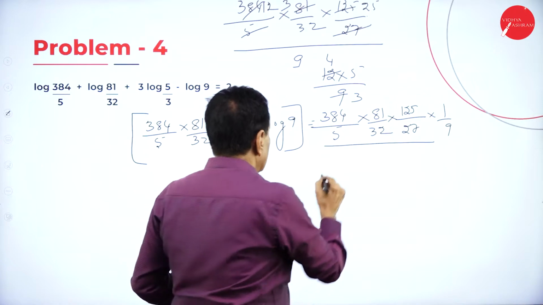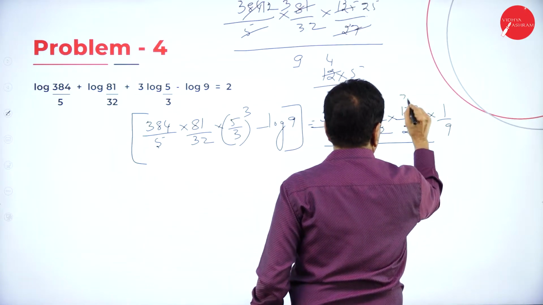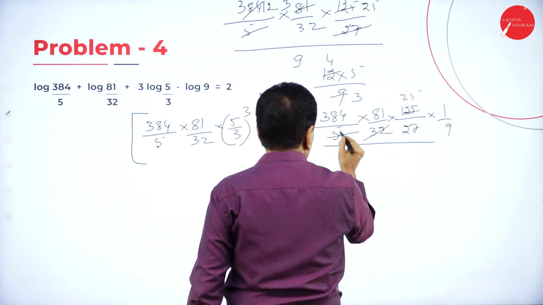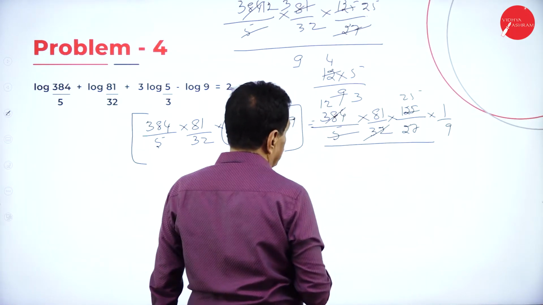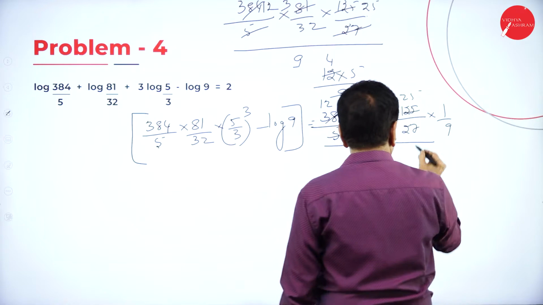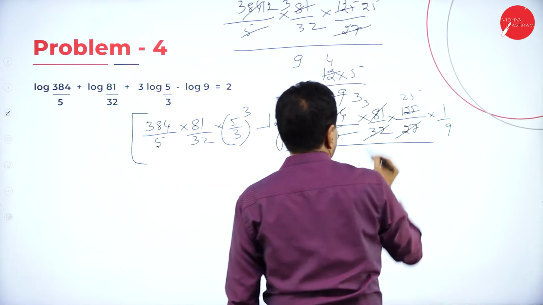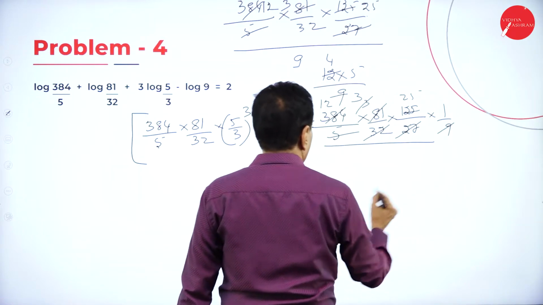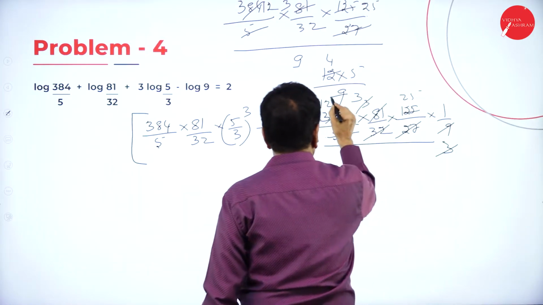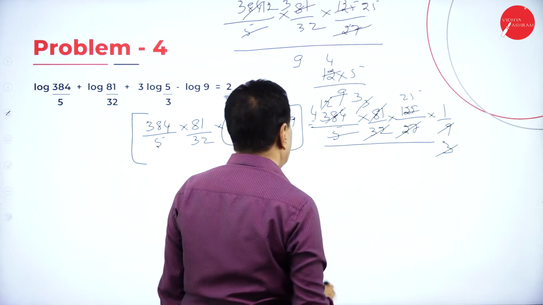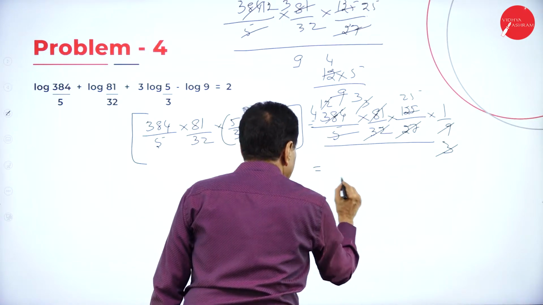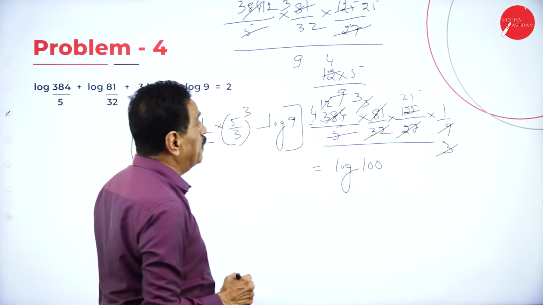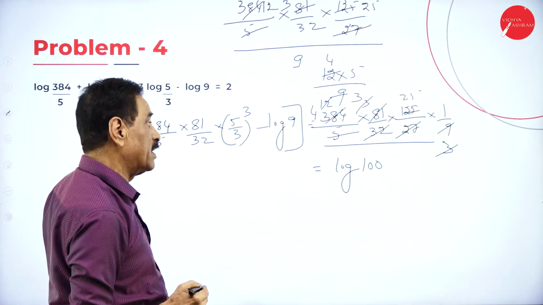Simplify. 5 twos are, 5 fives are 25, 32 twelves are, 27 threes are, 3 threes are 9, 3 fours are 12. So 25 into 4 is log 100.